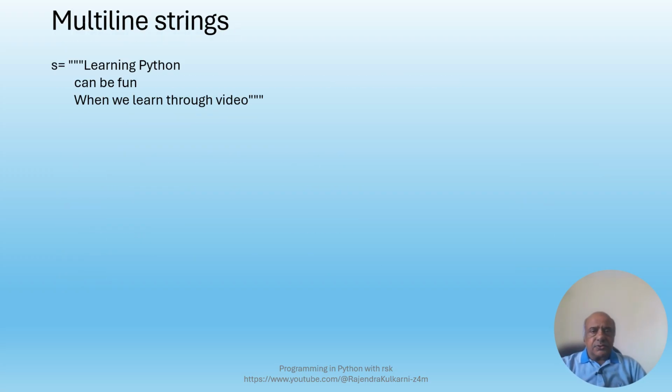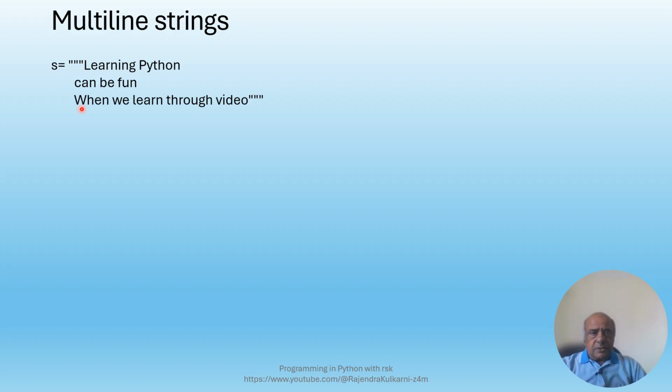So multiple line strings, how are they defined? We are defining a string with multiple lines. Learning Python is the first line, can be fun is the second line, when we learn through video is the third line. In this case there are multiple lines in a string, and we want those lines to appear as they have been entered when we use a print statement or when we use the string S in our program.